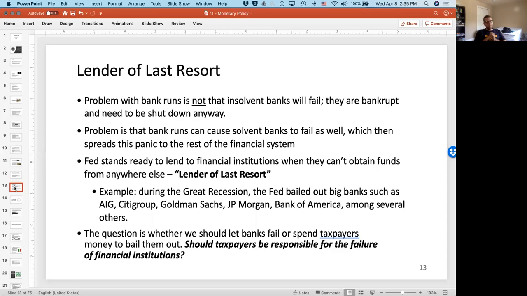But if there is a guarantee that the Fed is going to give me money regardless of my attitudes, I might just be more irresponsible, or more risky. In other words, the banks can take really risky actions because they know in the end they're going to be backed up by the Fed. This is what happened in 2008, 2009.